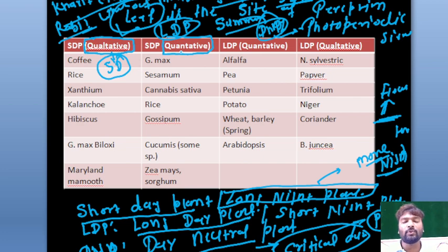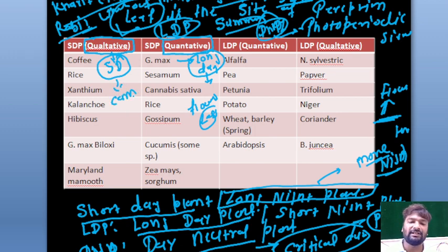Quantitative means they can grow in long day conditions also, but the flowering is less. These groups of plants that cannot be grown under long day conditions are known as absolute short day plants, and the others are known as facultative short day plants.